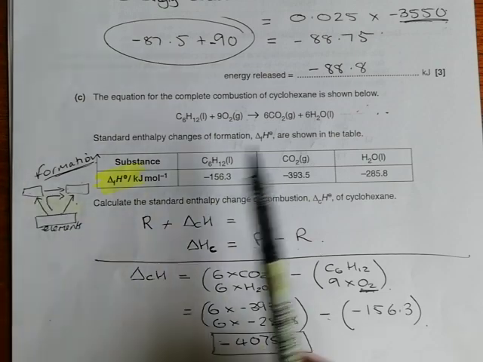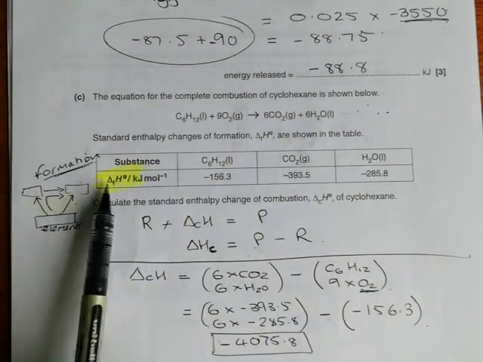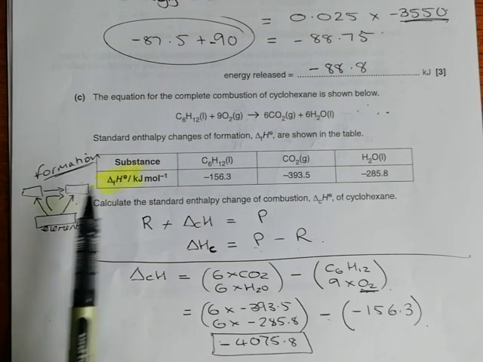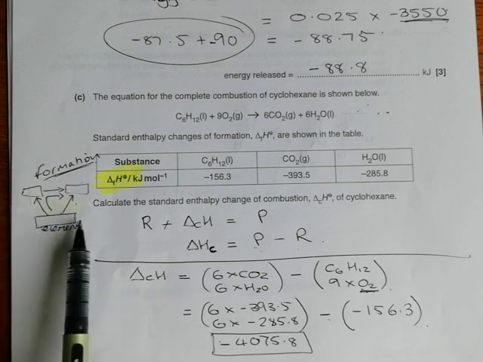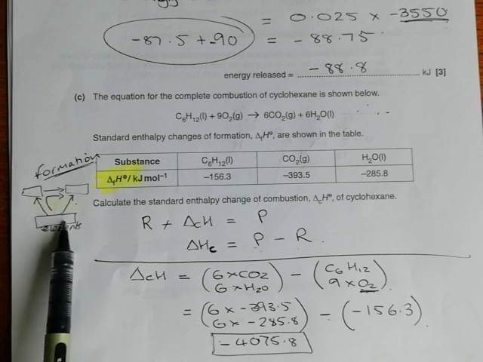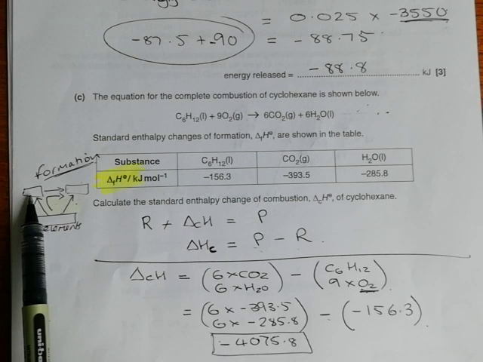Now, it's always confusing. Combustion and formation are both mentioned. Remember, you're looking at the table and it says formation here. So if you like, you can draw your little triangle out here. Formation means you're going from the elements and you're forming those from elements upwards.